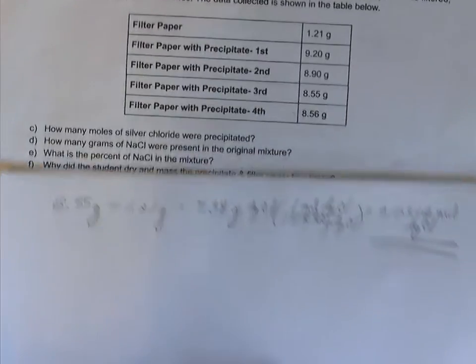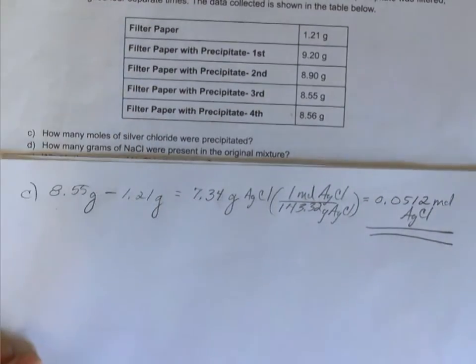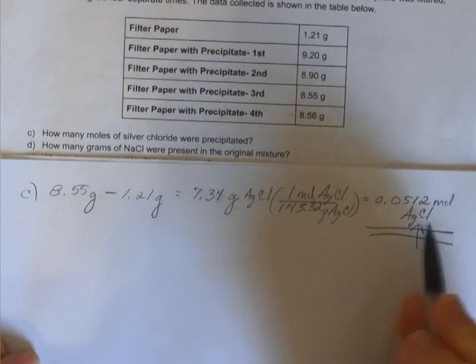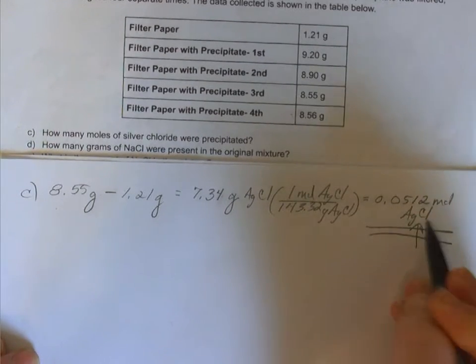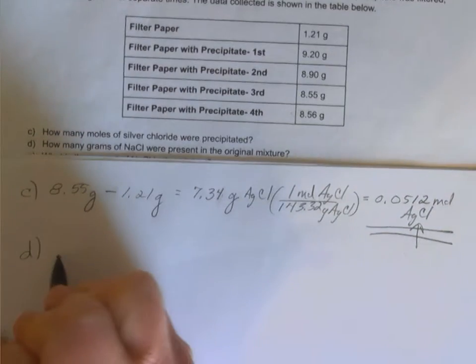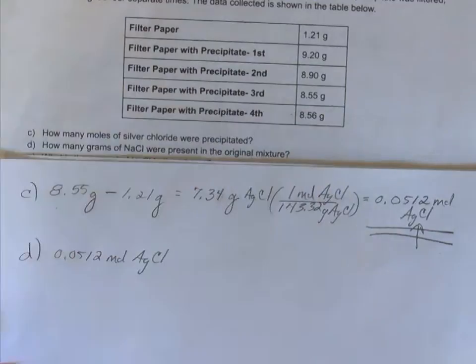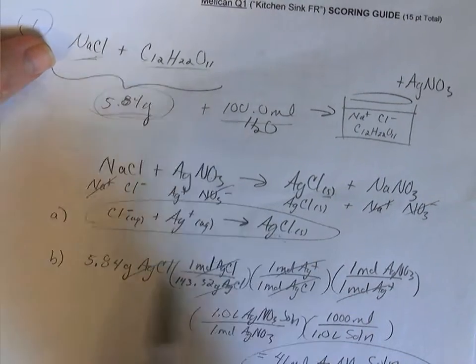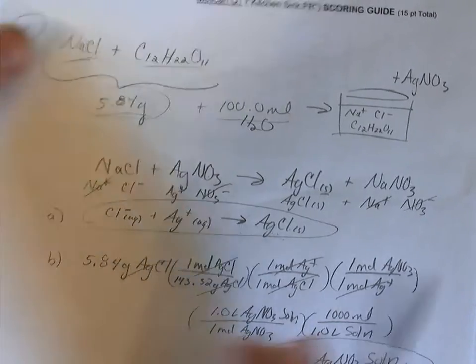Okay, then, how many grams of sodium chloride were present in the original mixture? Well, remember, the chloride that's here came originally from the sodium chloride. All right. So, if this is what I ultimately collected, if I go back to my original chemical equation, for every 1 mole of this, that came from 1 mole of chloride, and the sodium chloride was the original source.